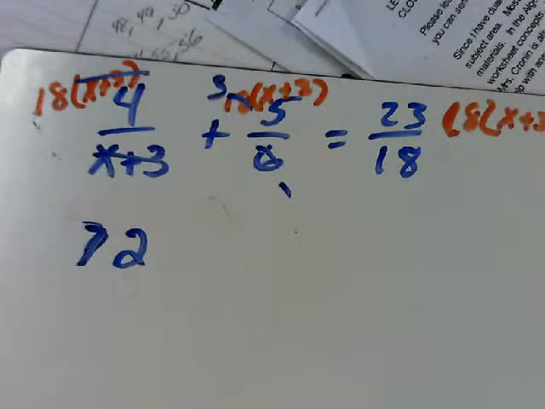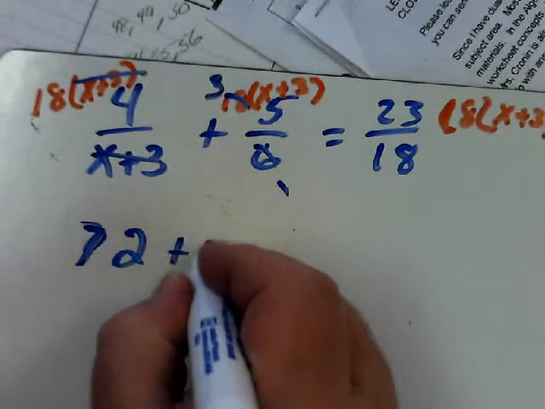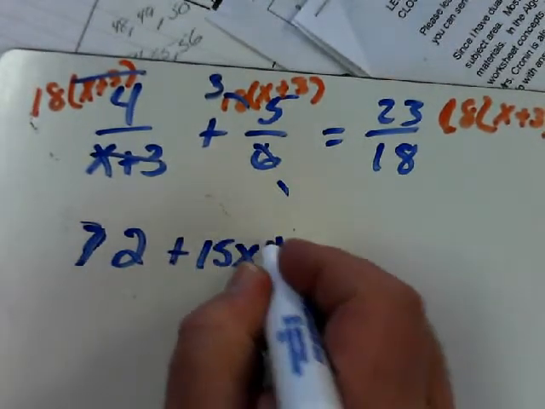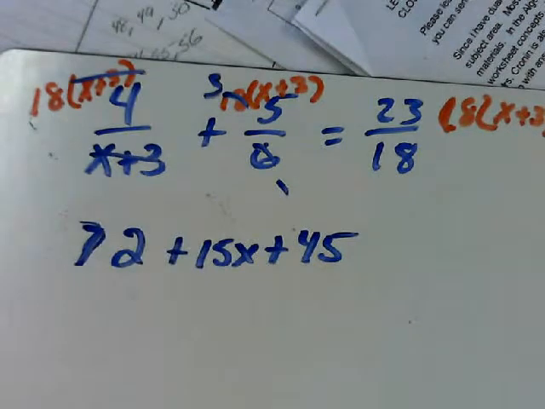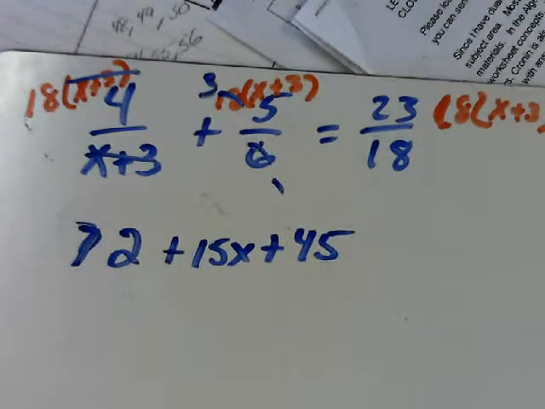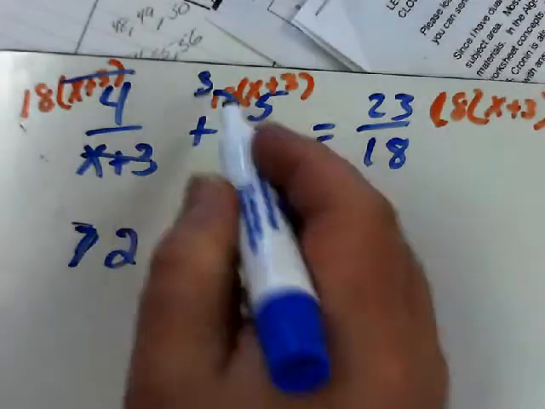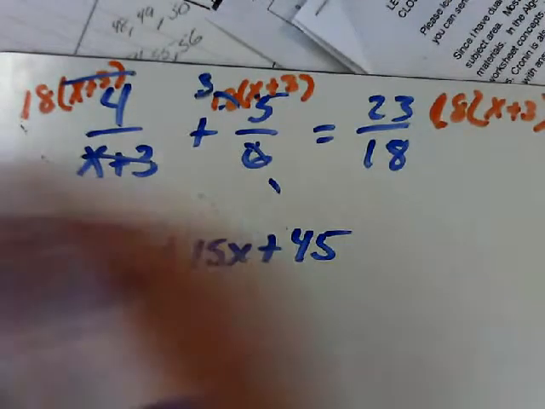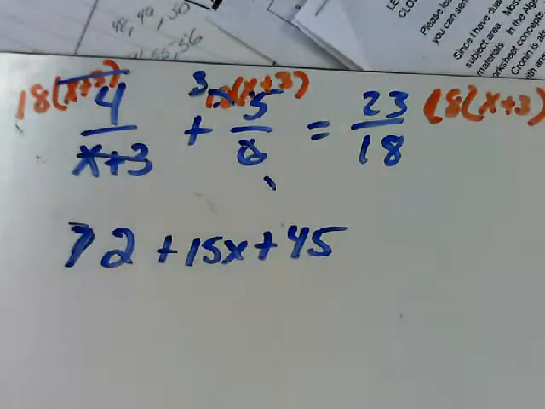So what will I get when I multiply all that together? 15x plus 45. Because 5 times 3 is 15, 15 times x is 15x, 15 times 3 is 45.